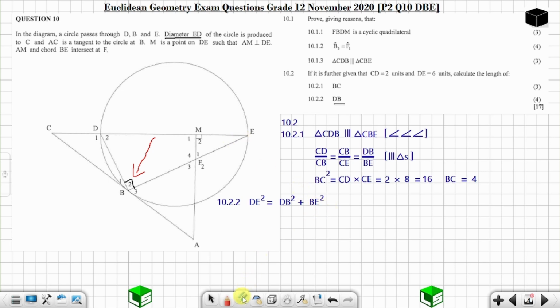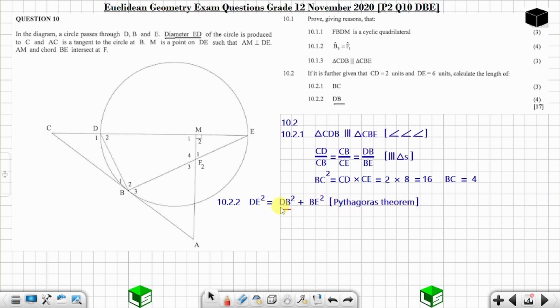Now we can solve for DB. The reason for this is Pythagoras theorem.